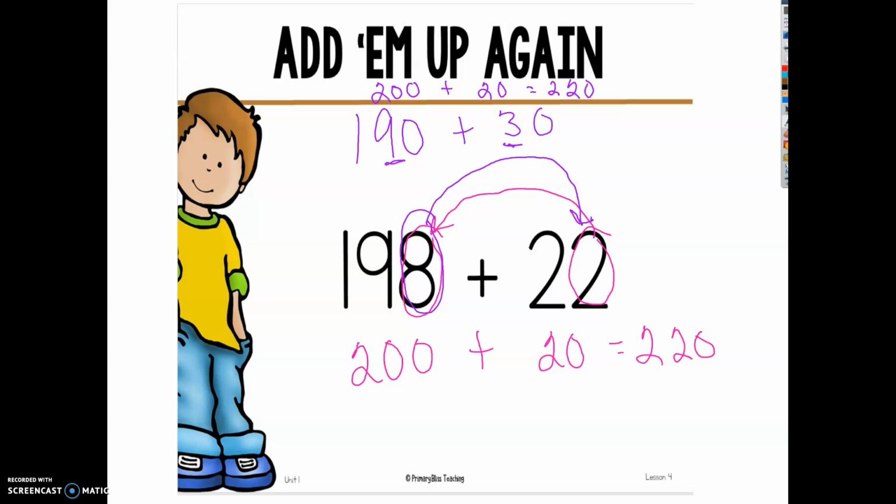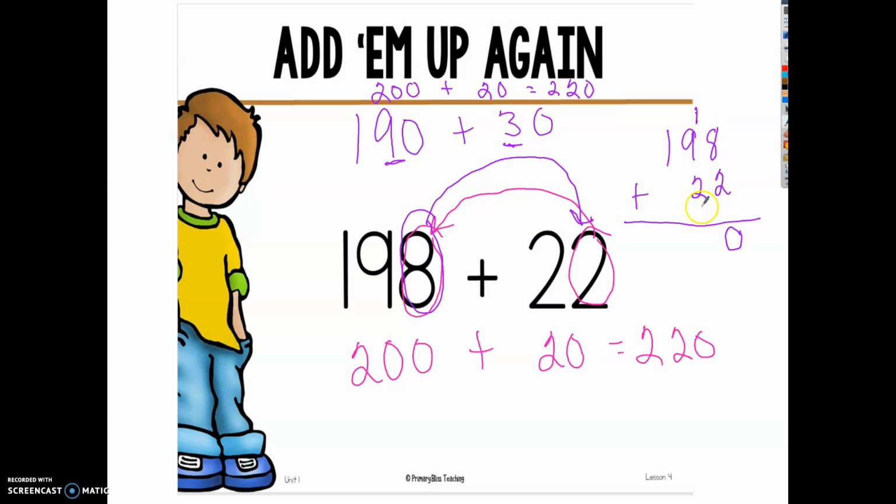Okay, but I could do it the borrow and trade way, or the trade and carry way, and write it down so that my 1s are under my 1s, my 10s are under my 10s, my 100s are lined up. I add the numbers in my 1s column. 8 plus 2 is 10. Put down the 0, carry the 1. 9 plus 2 is 11.